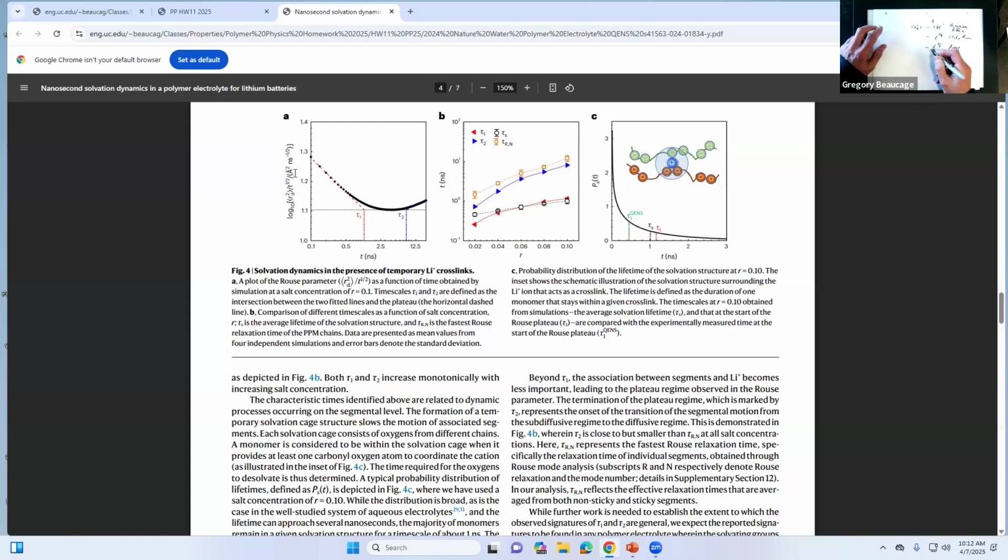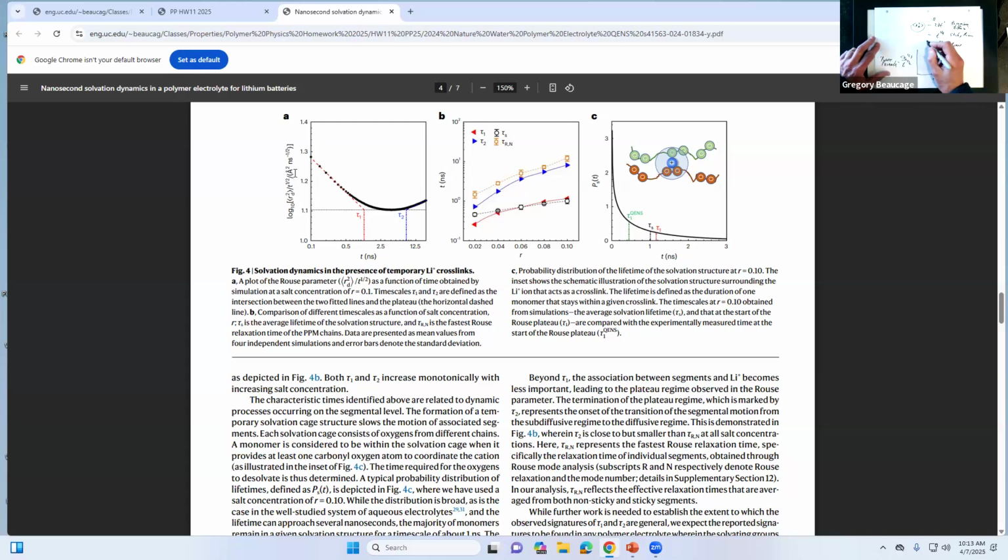All right, so he plots this thing divided by that thing. We call it the Rouse parameter. It plots the Rouse parameter against time.